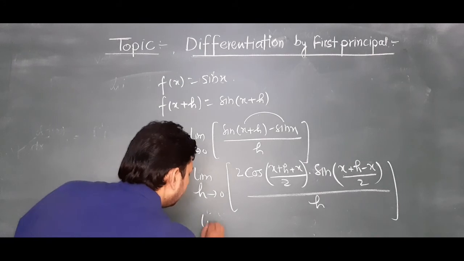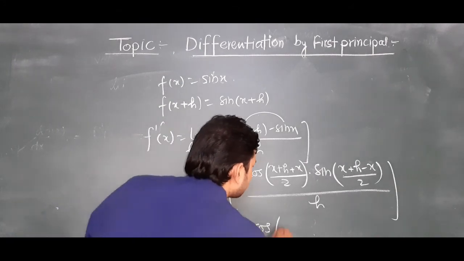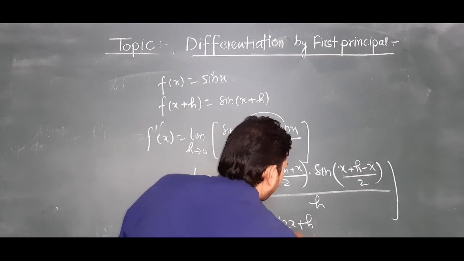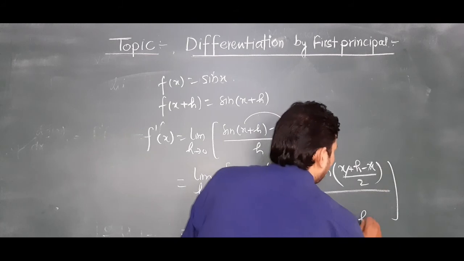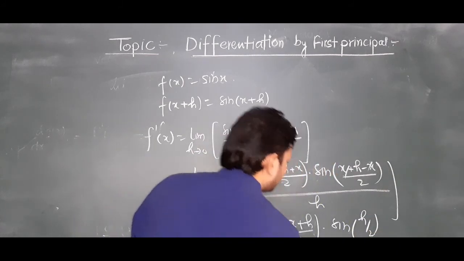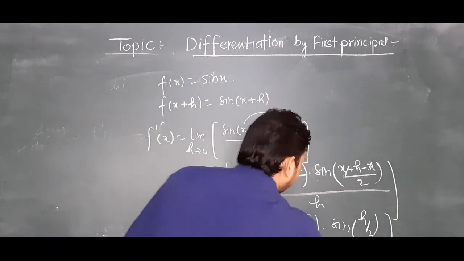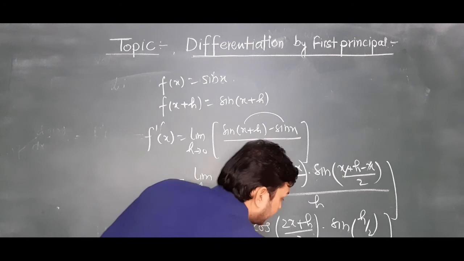Now it will give the limit as h tends to 0 of 2 cos((2x + h)/2) and sin(h/2), upon h. One thing I want to tell you: we can take these two in the denominator.